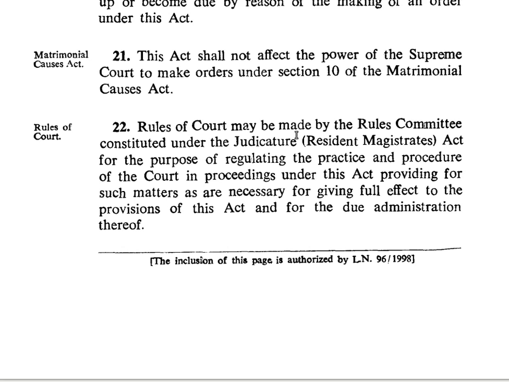Rules of court may be made by the Rules Committee constituted under the Judicature Resident Magistrates Act for the purpose of regulating the practice and procedures of the court in proceedings under this act, providing for such matters as are necessary for giving full effect to the provisions of this act and for due administration thereof. So that's the end of the Domestic Violence Act.